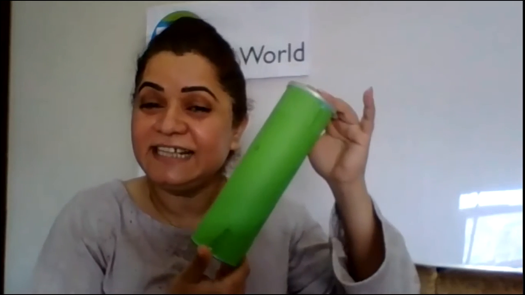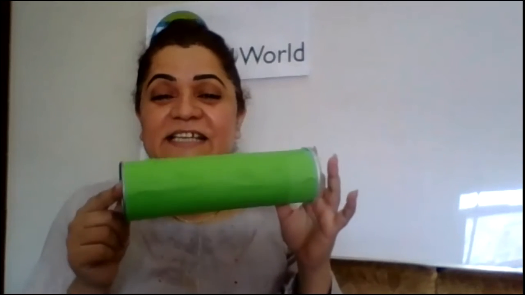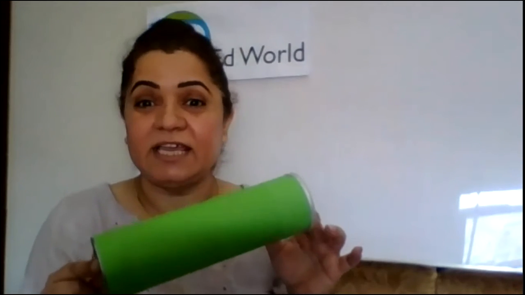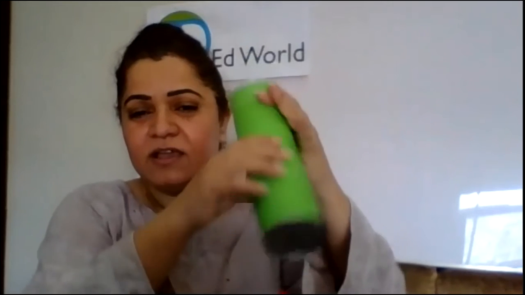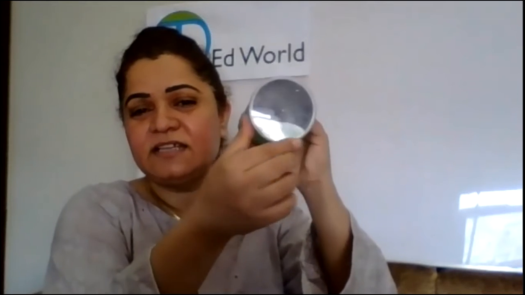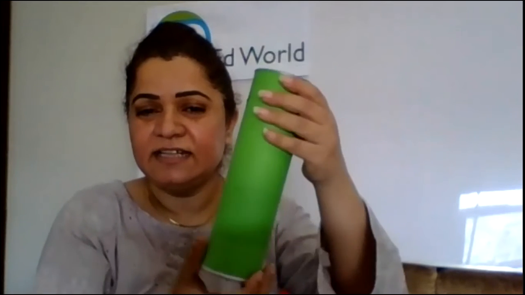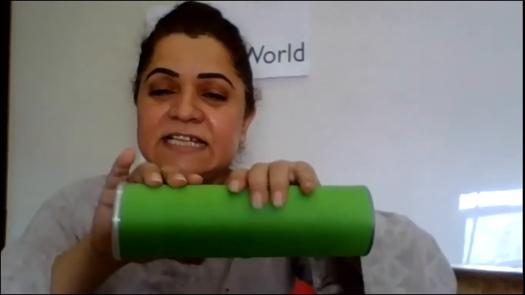Another one. This is a cylinder. You have also seen this when you go to buy your snacks. The cylinder is long, and from one side this looks like a circle. From the other side, this looks like a circle, and then there's a long, long curved side.